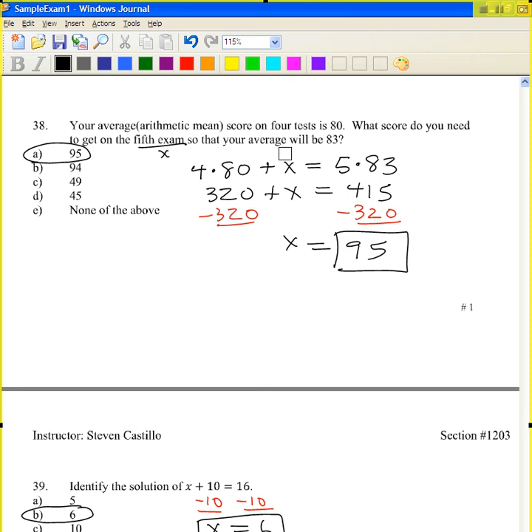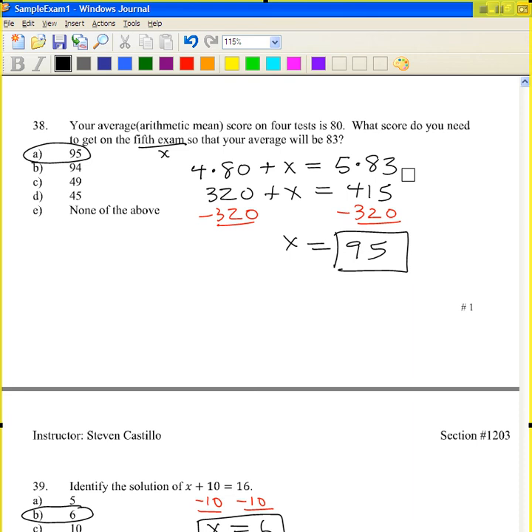So how many more points do you need to score so that the total number of points on the 5 exams gives an average of 83? If you multiply the 5 exams by the average you want, 83, then that'll give you the total number of points that you need to make.